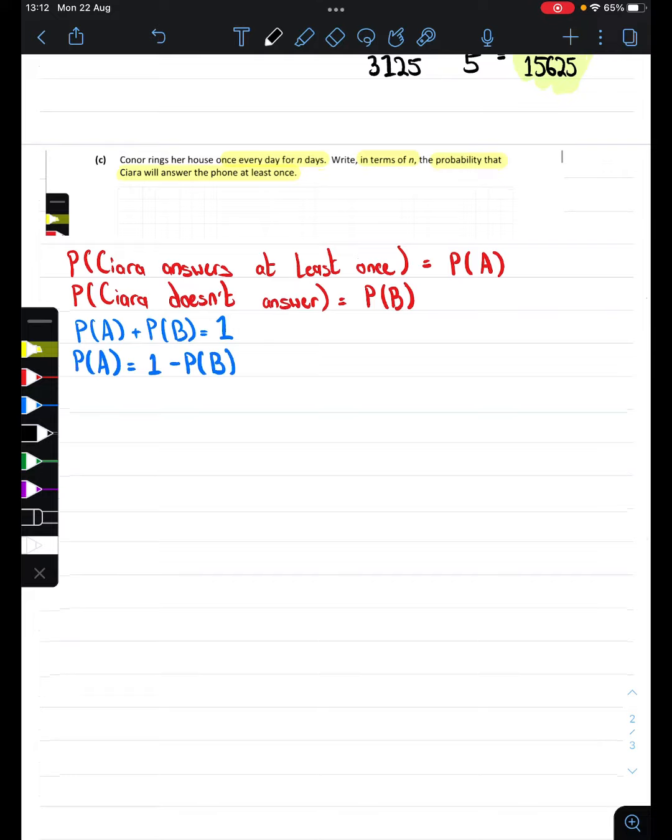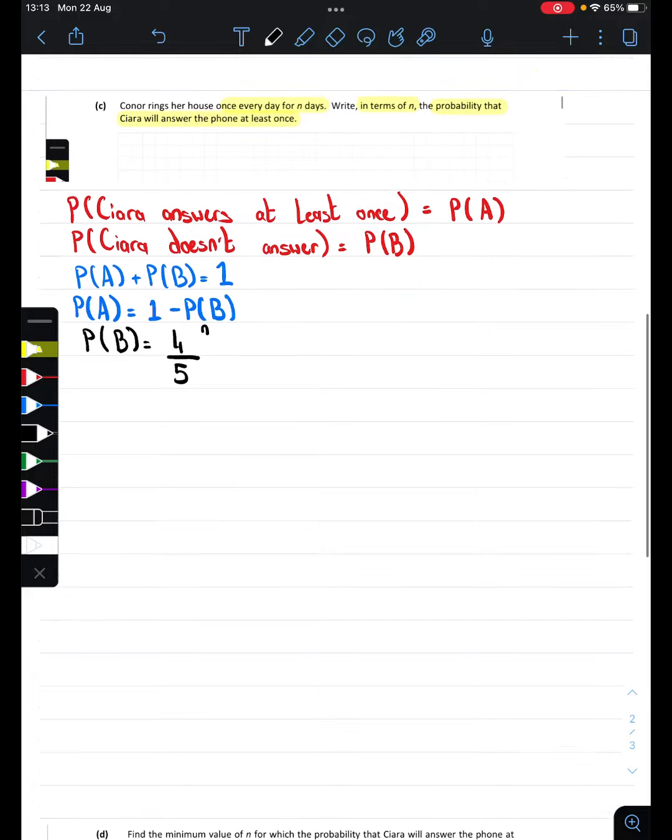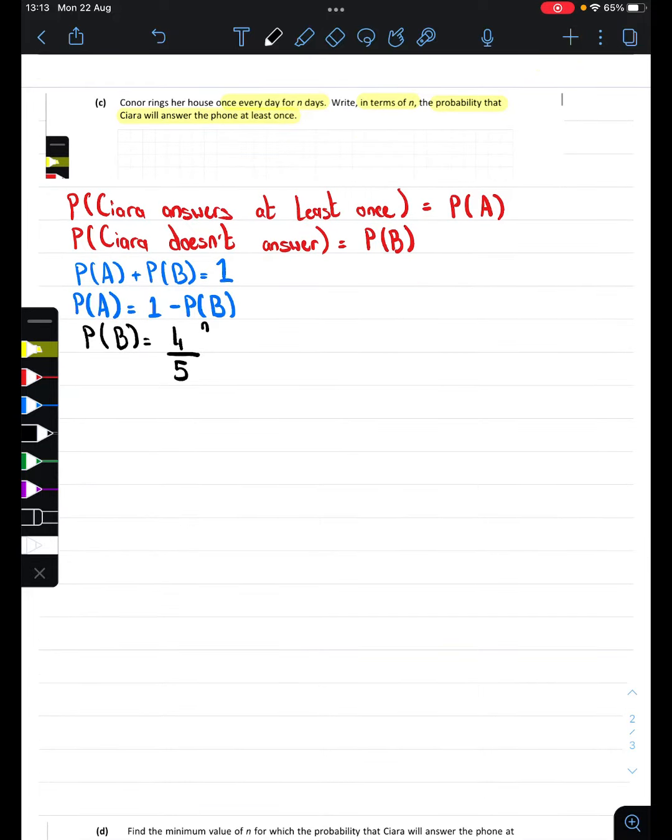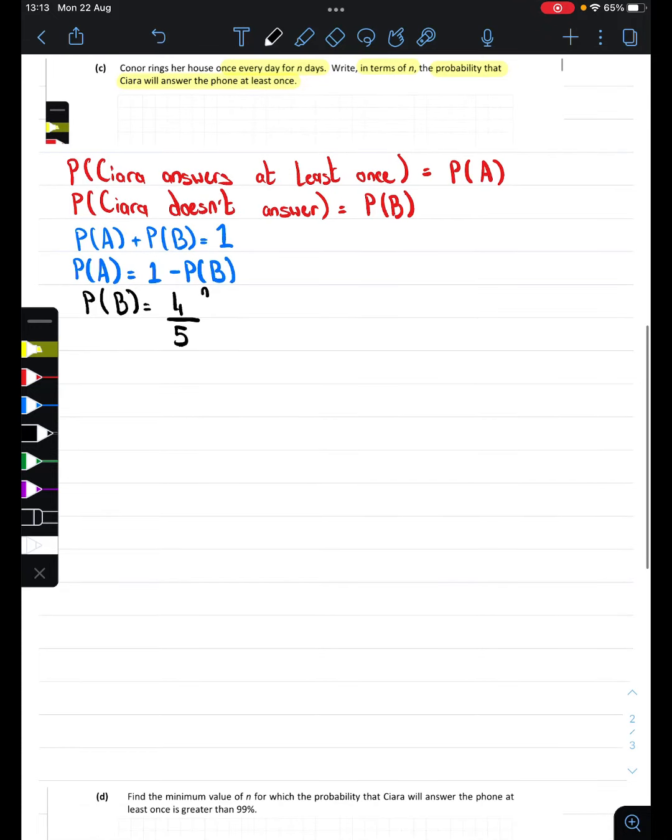So the probability that Kira doesn't answer for n days, well, she has to not answer the first day, not answer the second day, not answer the third day, all the way up to not answering the nth day. So we get 4 fifths to the power of n. She doesn't answer for n days in a row. And that's just it. The probability of B, of her not answering at all, is 4 fifths to the power of n.